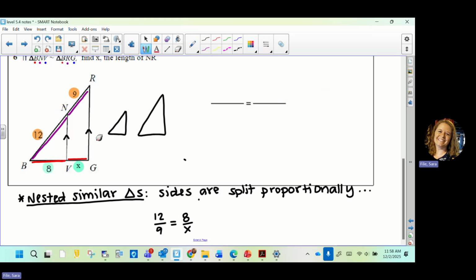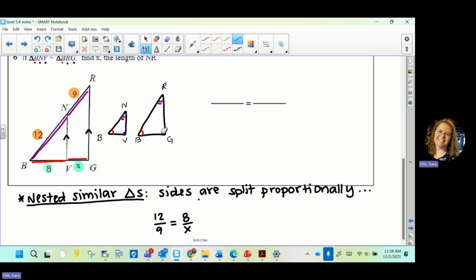The little one would be BNV, and the big one would be BRG. And you could look at them side by side and mark those corresponding pieces. So the B is to B. N is to R. The G is to the V.